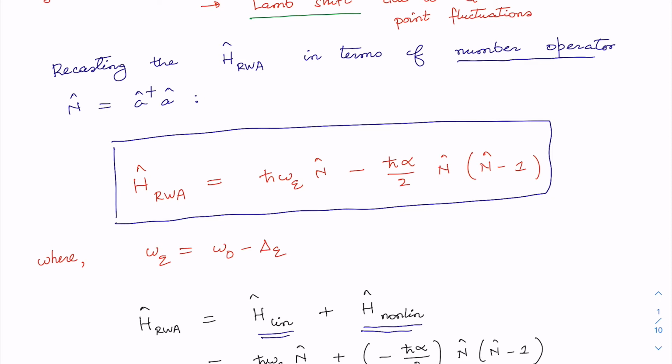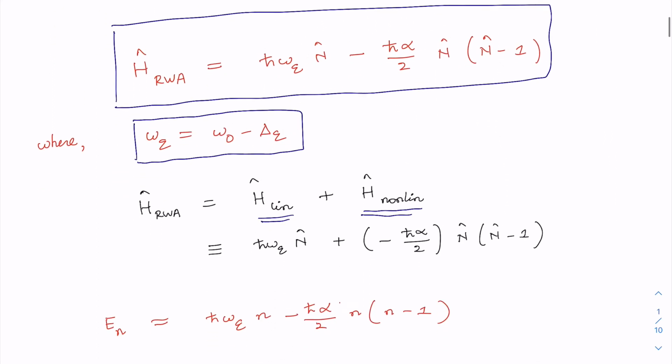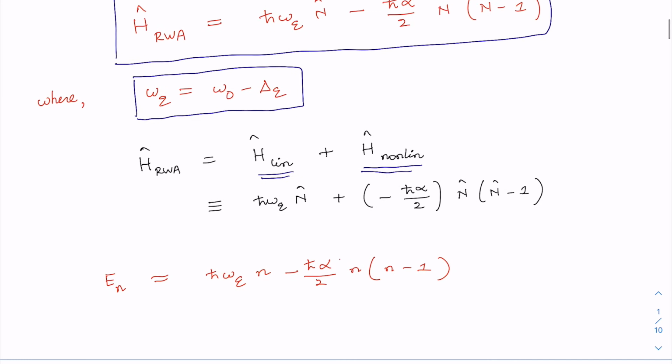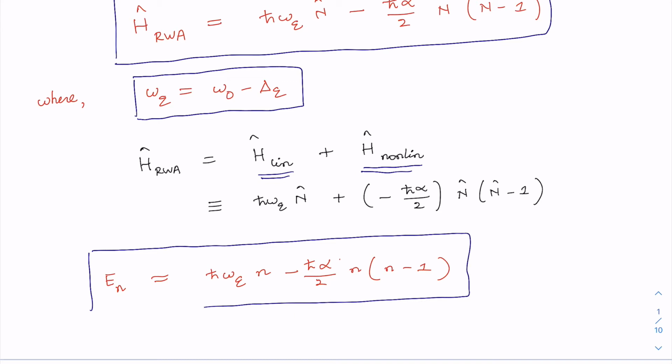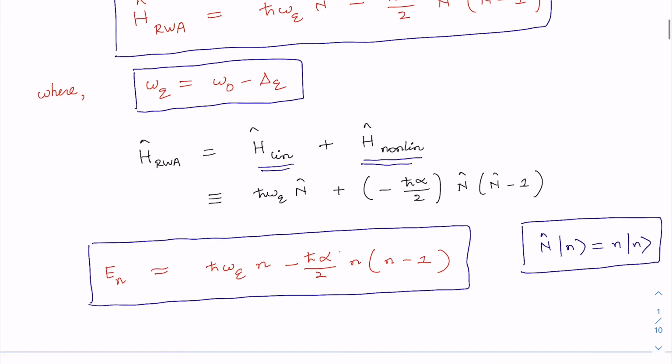And here omega q is the shifted frequency of the nonlinear harmonic oscillator. The energy of the Hamiltonian in the Fock state, the energy basis state, can be very easily worked out using this eigenvalue equation, because we know that this is what the Fock state represents. This is the eigenvalue equation for the number operator.